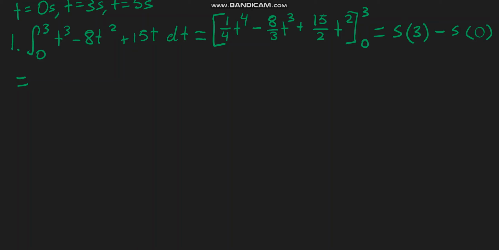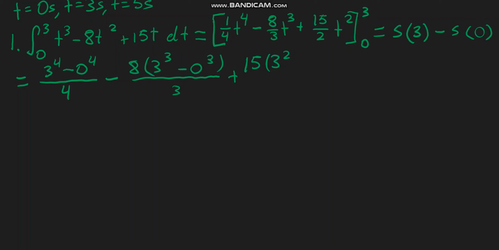We have t to the power 4, so we have 3 to the 4th minus 0 to the 4th over 4, minus 8 times 3 cubed minus 0 cubed over 3, plus 15 times 3 squared minus 0 squared over 2. This looks much shorter than what people usually do, which makes it much easier for us to solve.